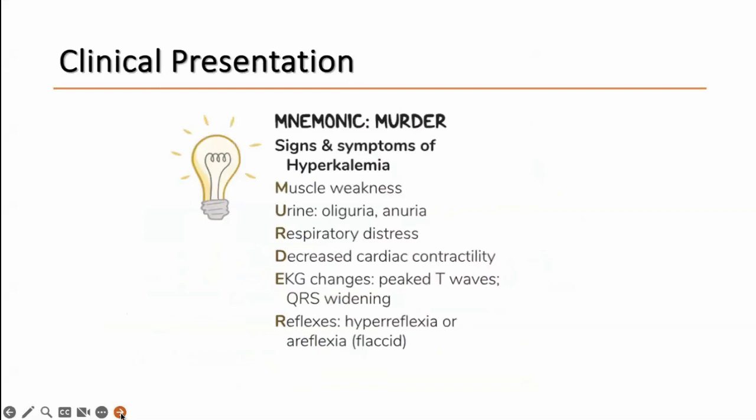Respiratory distress, decreased cardiac contractility because that muscle can't repolarize. And again, because of that cardiac muscle being affected, you will see ECG changes, which we'll go into a little bit later. And then your reflexes, so hyperreflexia or eventually areflexia.